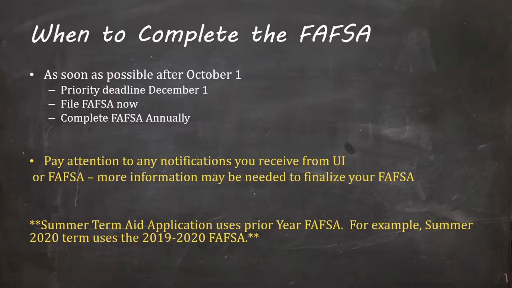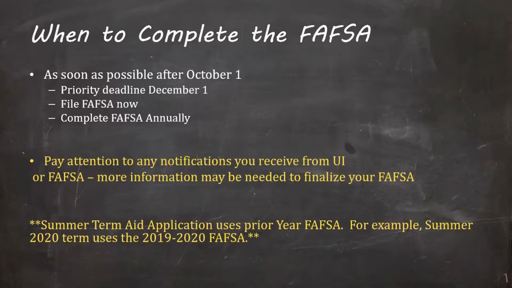I also like to point out that if a student is thinking about attending summer 2020, we use the previous year's FAFSA. So if you're thinking about attending UI summer 2020, not only would you want to go ahead and file the 2020-2021 FAFSA, which is available online, you would also want to fill out the 2019-2020 FAFSA.